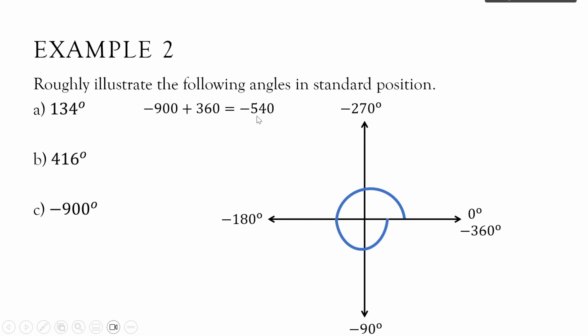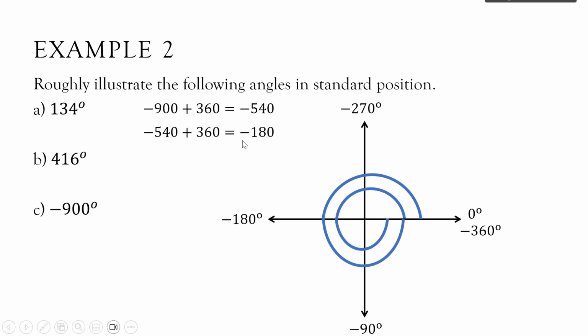Well, you're probably noticing again, negative 540 should give me another full rotation. So I'm going to go around my origin once more. I'm going to go another rotation. That's another 360. So since I went around another 360 in the negative direction, let's add 360.